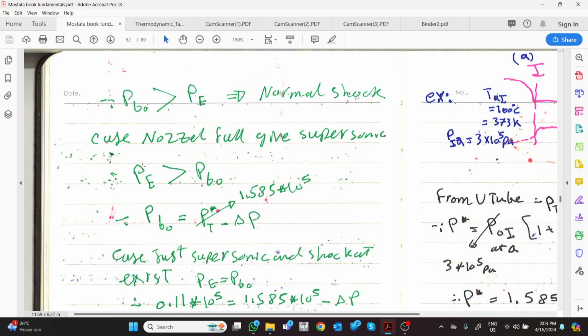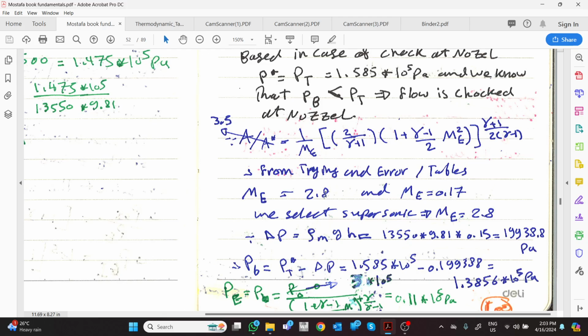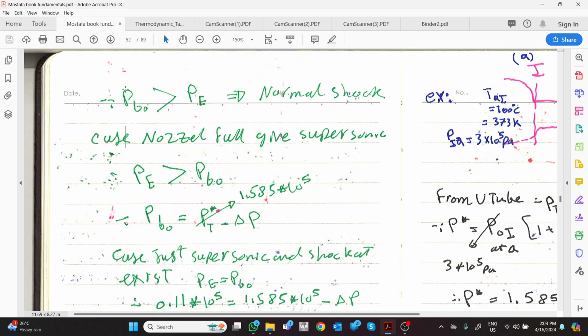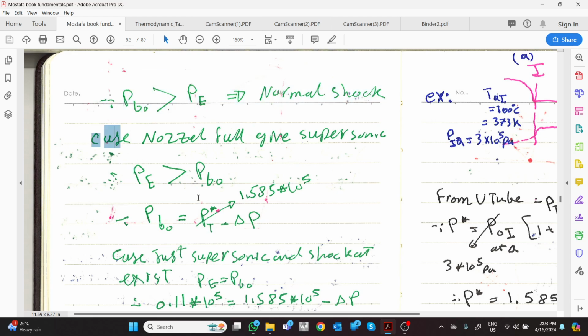In case I need it to have no normal shock, the exit Mach number is not 2.8, so it's not valid anymore. But based on this, we know there will be a normal shock. But if I don't want a normal shock, exit pressure should be bigger than the back pressure. Okay, back pressure we know it.